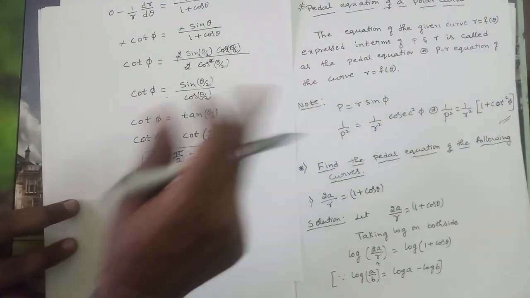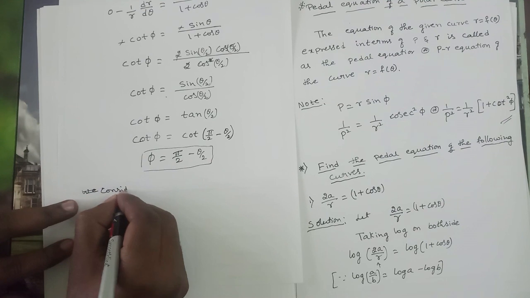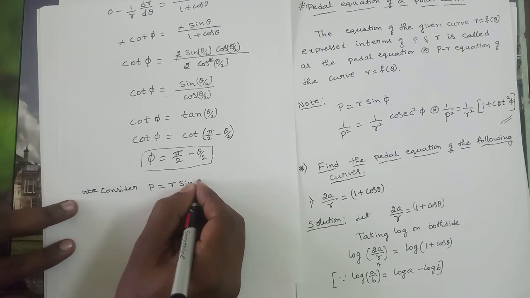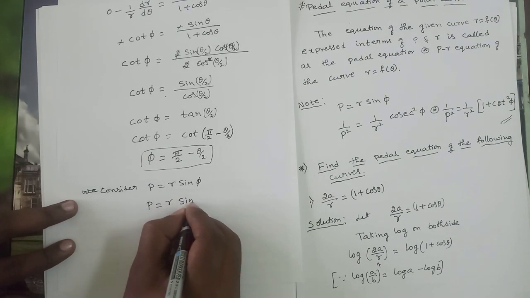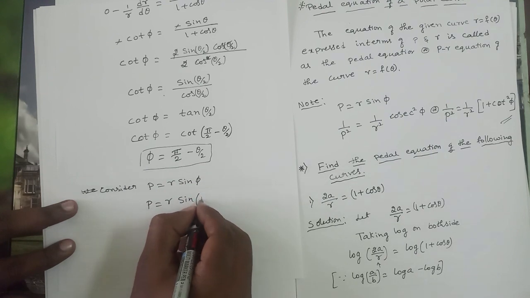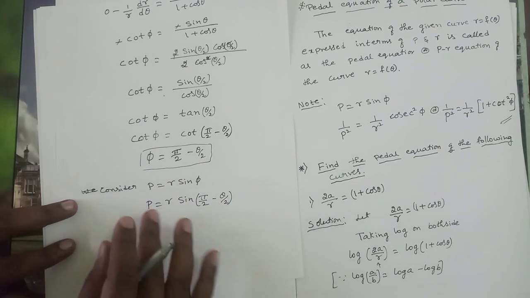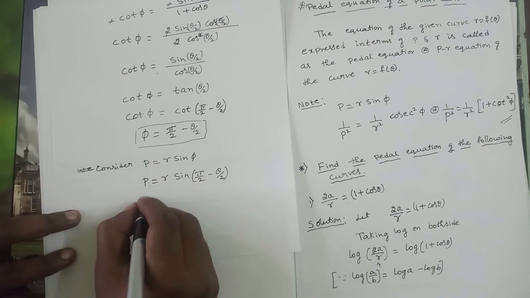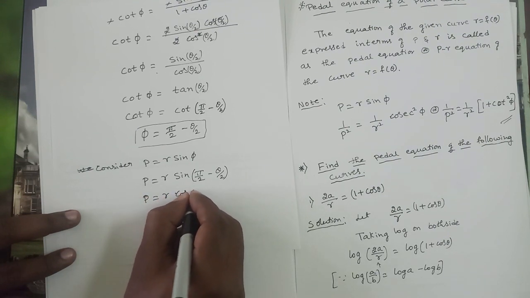We know that p is equal to r sin phi. So p equals r into sin of, here phi is pi by 2 minus theta by 2. So sin of pi by 2 minus theta by 2 is cos theta by 2.